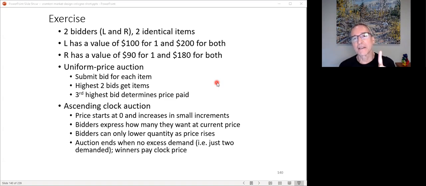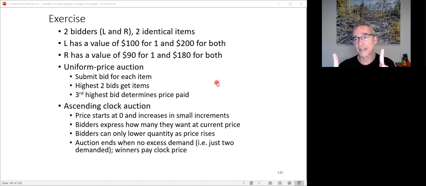But I can do even better. So Isabel can do even better. She's bidding for 2. She knows she has to push the price at least to 90 in order to win both. And that's a profit of 20. But if now with bidder R bidding for 1 item, she can reduce demand to 1 at a price of 0.